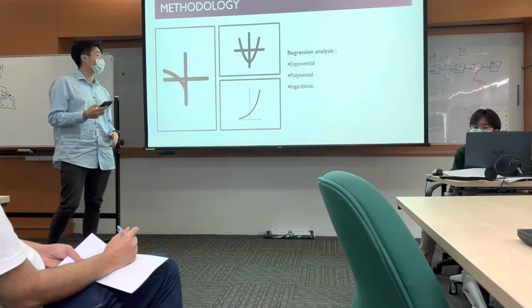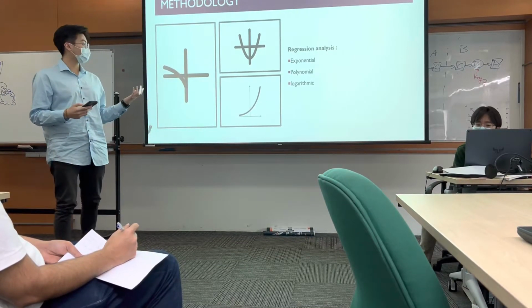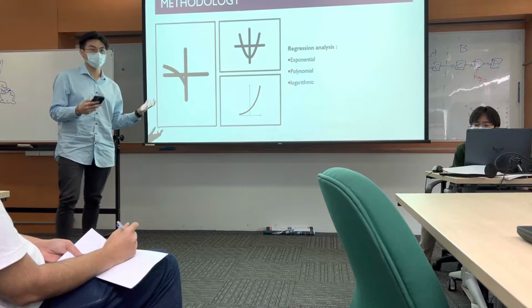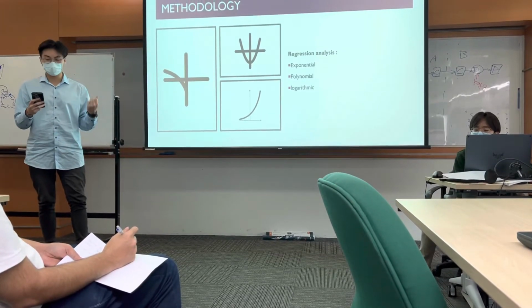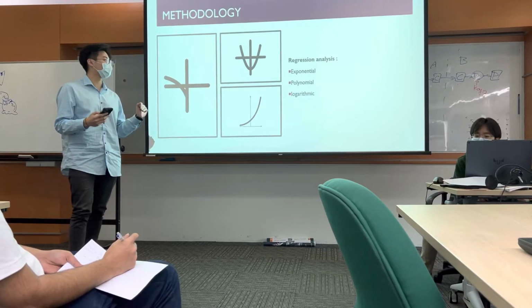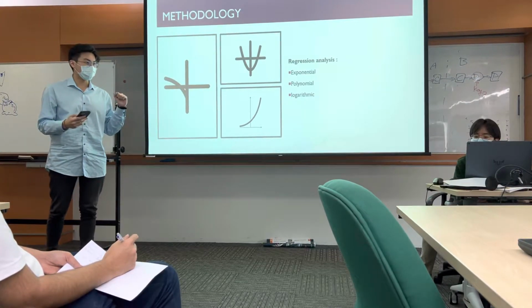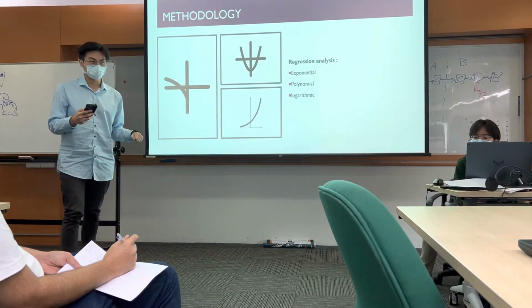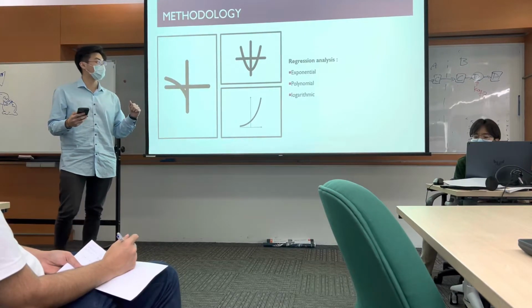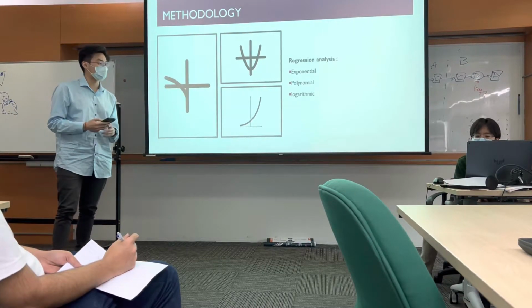The first one is exponential regression. This kind of analysis is suitable for data that is increasing or decreasing very fast. But it has a small problem: if the data include negative values or zeros, you cannot apply this one.